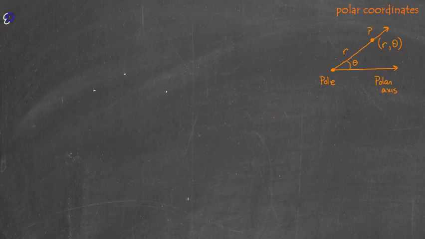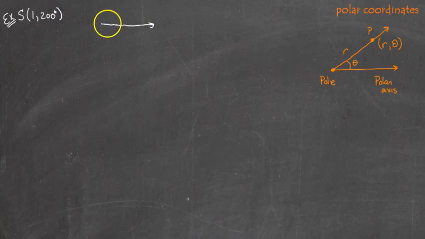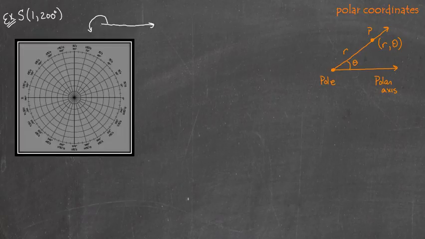For example, let's find the polar point r equals 1, theta equals 200 degrees. Now, in a perfect world, I'd be able to sketch in the pole and I'd have a protractor or maybe some graph paper that would make this easier. And check it out, polar graph paper.